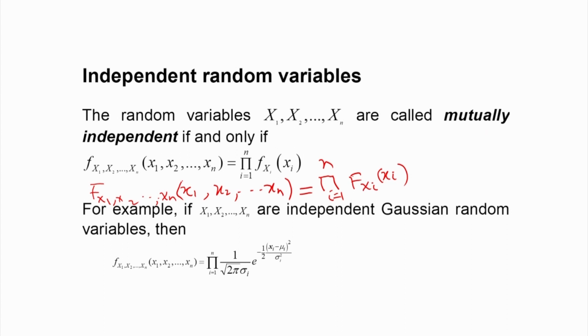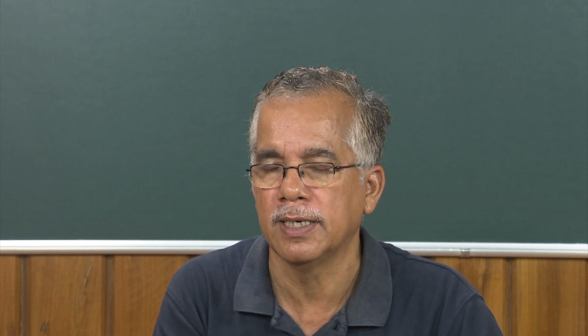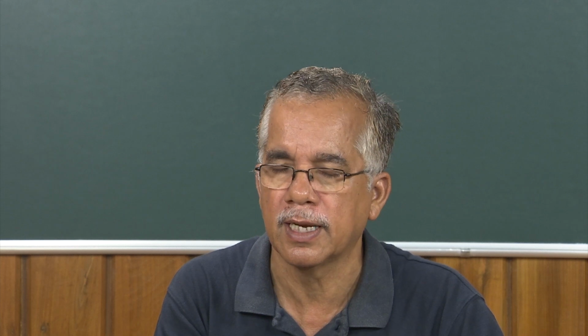There is also a concept called pairwise independence. X1, X2, etc. may be pairwise independent, but when they are mutually independent, then they will be independent for any sub-collection of these random variables. Suppose X1 and X2 will be mutually independent, X1, X2 and X3 will be mutually independent, like that. But if we consider only pairwise independence, then it does not imply mutual independence.